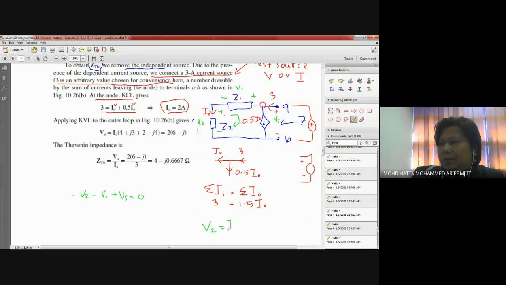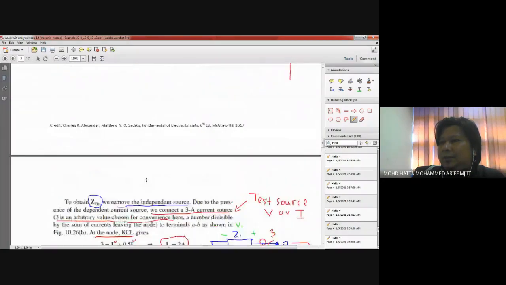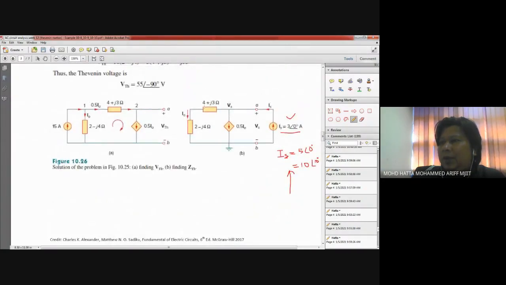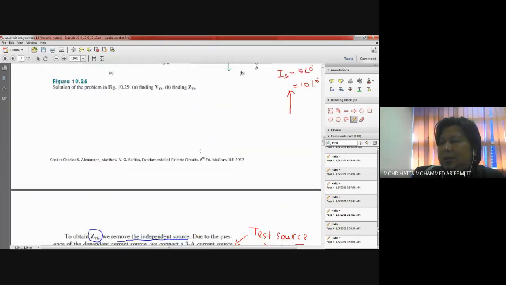Basically V2 is I naught times Z2, and V1 is given by I naught times Z1. The value of Z1 over here is 4 plus j3, and Z2 is negative 2 minus j4.